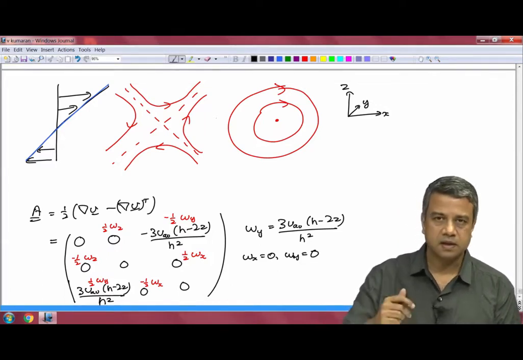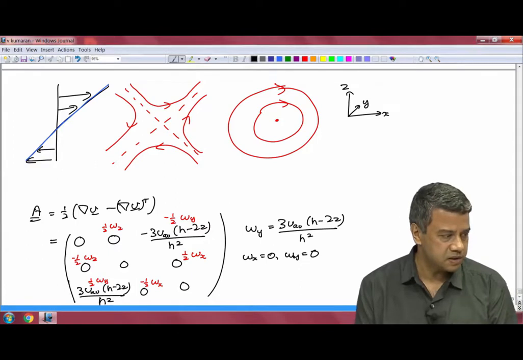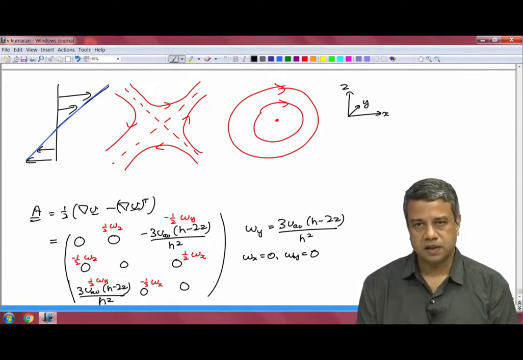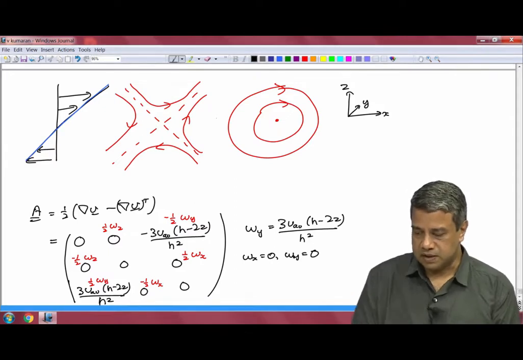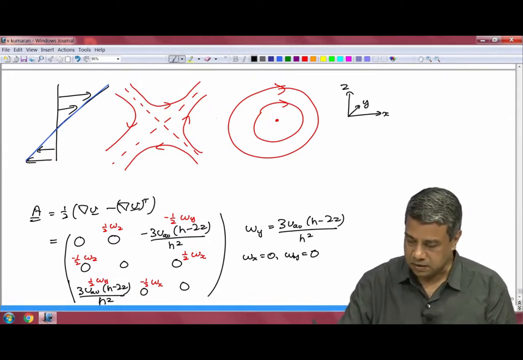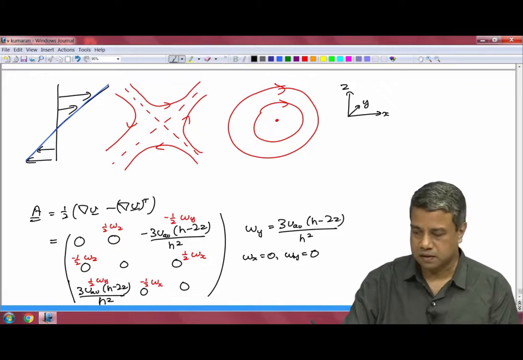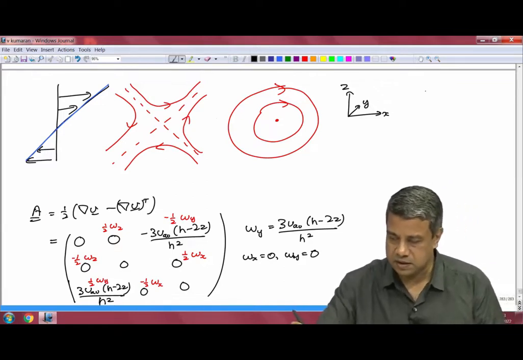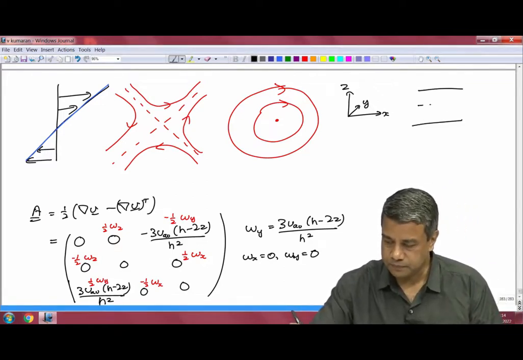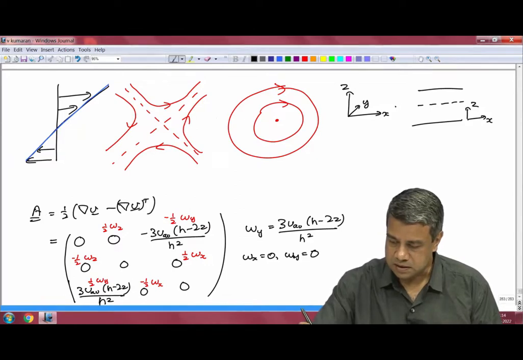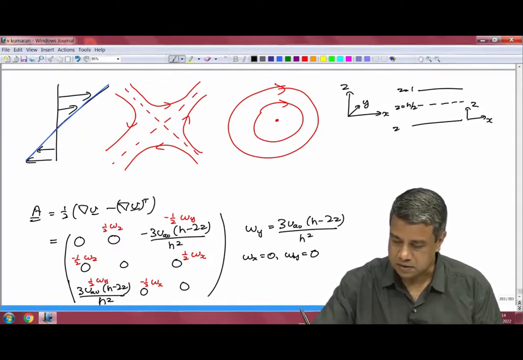If the velocity gradient is positive, it will be in the plus y direction; it will be in the minus y direction if the velocity gradient is negative. So, in this case, for example, when you are in the bottom half of the channel where 2z is less than h, this is the z direction, this is the x direction, this is z is equal to h by 2, z is equal to h, z is equal to 0.